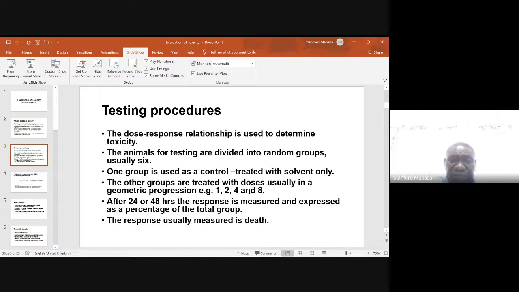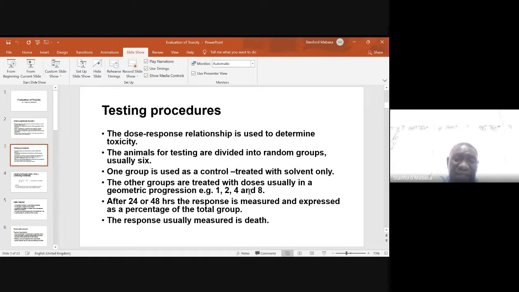The other groups are treated with the doses, usually in a geometric progression. For example, you can have 1 milligram per kg weight, 2 milligrams, 4 milligrams, 8 milligrams, and so on.